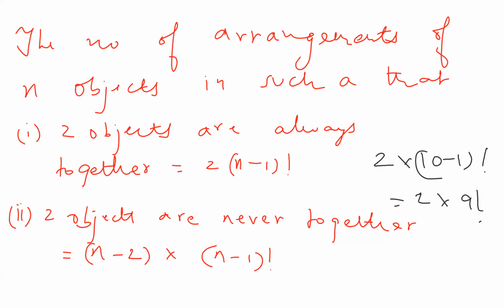And never together will be 10 minus 2 into 10 minus 1 factorial, that is 8 into 9 factorial. And you cannot just multiply 8 and 9 because 9 has a factorial.